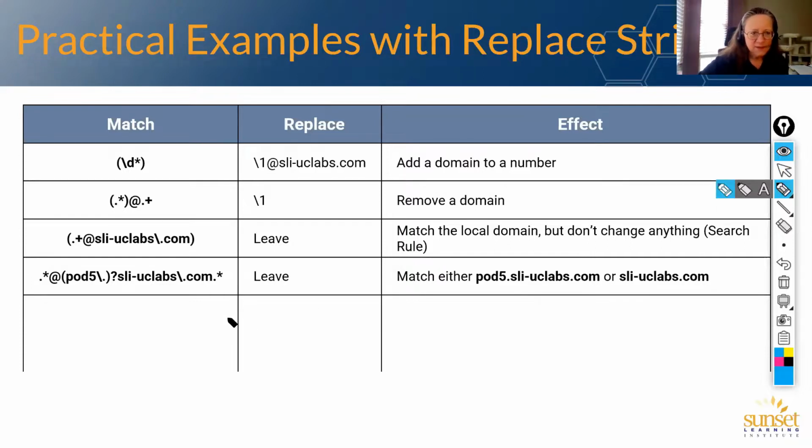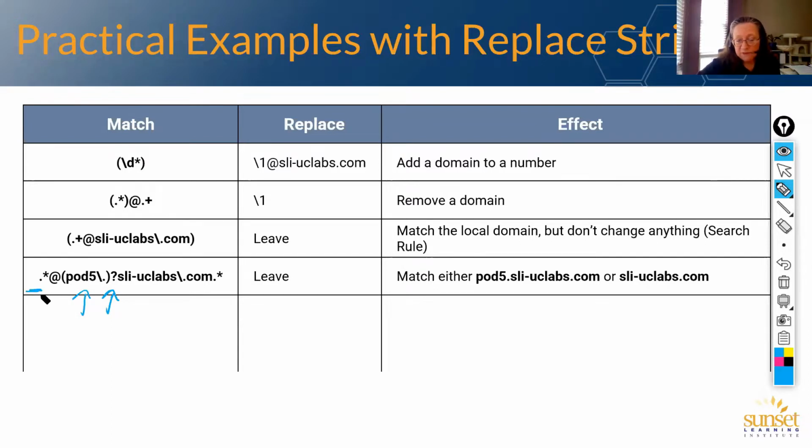Let's parse this. Okay, so first I've got a group 1. And notice that I have a question mark saying I either have to have this or not, but I can't have more, I can't have less, and I can't have different. So pod5. I can have it or not have it.